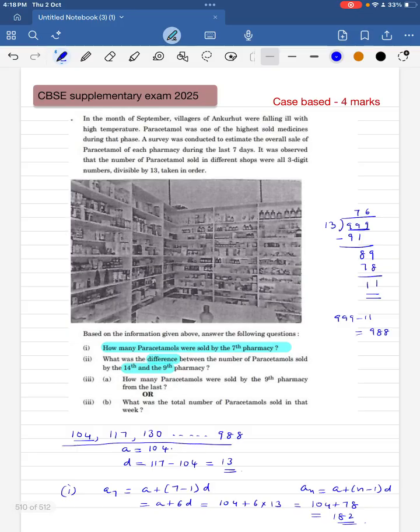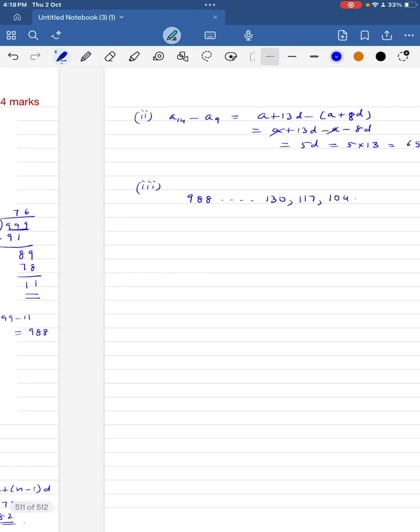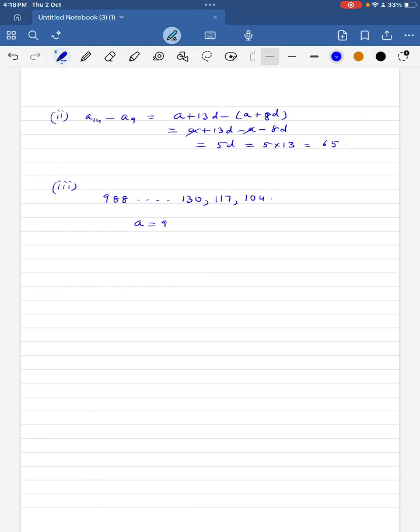The value of A here will be 988 and D will be minus 13. The ninth term from the end will be the ninth term from the beginning, which is A plus 8D, that is 988 plus 8 times negative 13, 988 minus 104, and that's equal to 884.